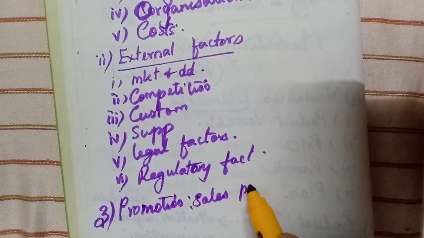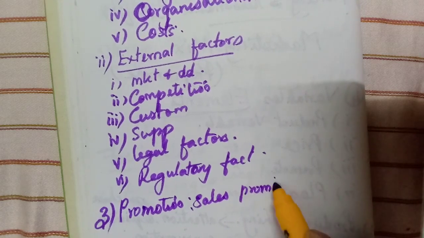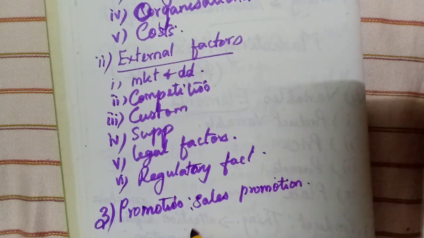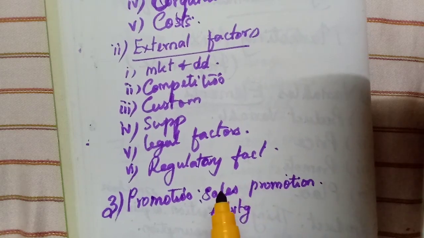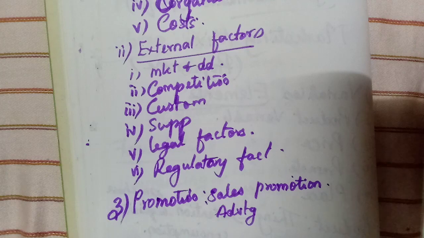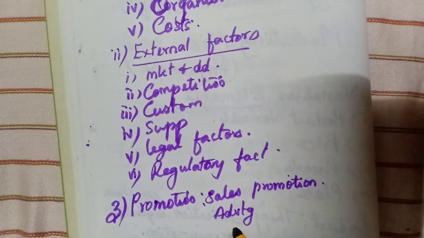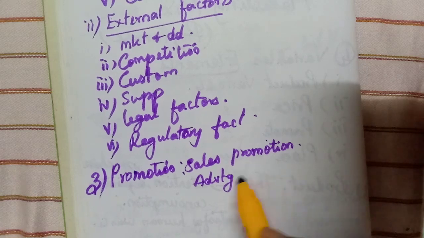Okay, sales promotional, that is called promotion. How? Personal selling, or huge advertising in the media, or through net banking, e-commerce or e-business, or television or any other media, they can advertise. Advertising or sales promotional activities must be done.